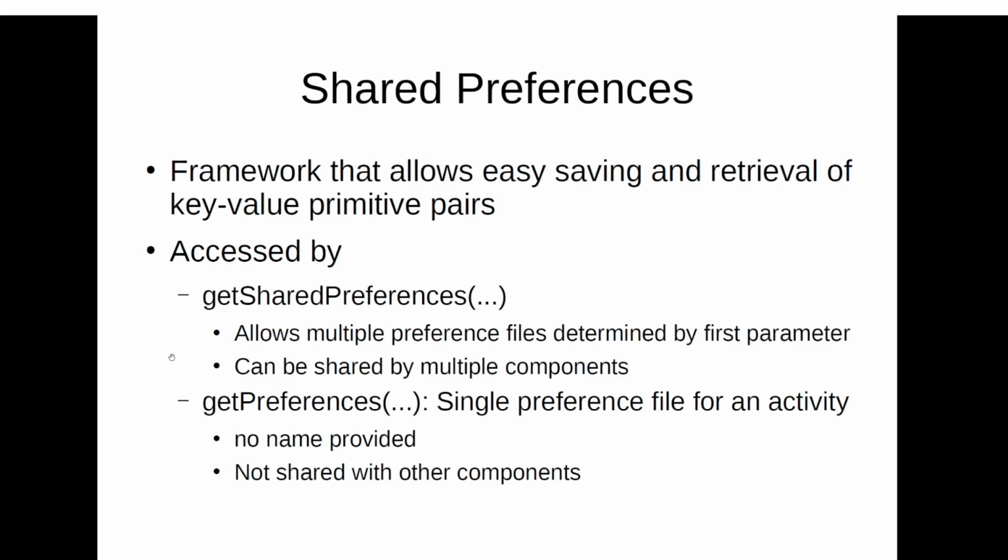In that scenario, if we were to call getPreferences to retrieve a SharedPreferences object in an activity, save some information with a known key, and then subsequently call getPreferences on a service and attempt to request the same information by providing the known key, we would not find the data that the activity stored, because those two SharedPreferences objects would be different because we made a call to getPreferences. There is a third way to get a SharedPreferences object. However, that method ties into Android's preferences system, and that's beyond the scope of this lecture.